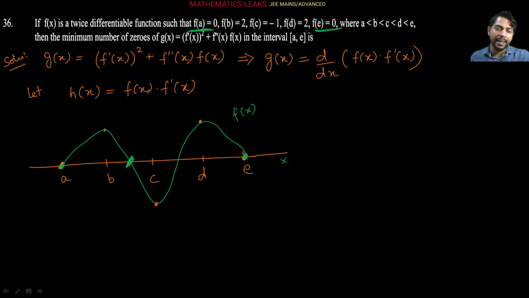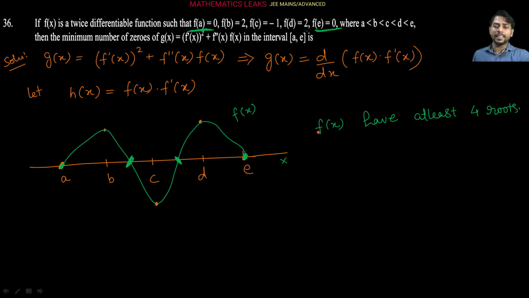Same scenario from negative to positive: being continuous, it must intersect the x-axis at least one time. So the graph must intersect the x-axis at least at 4 points. So we can say f(x) has at least 4 roots.